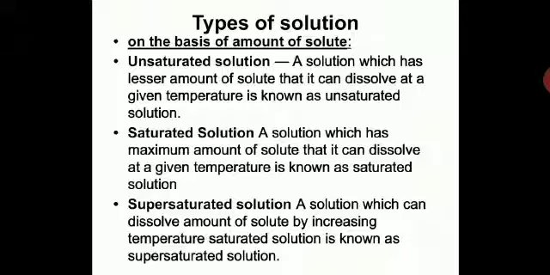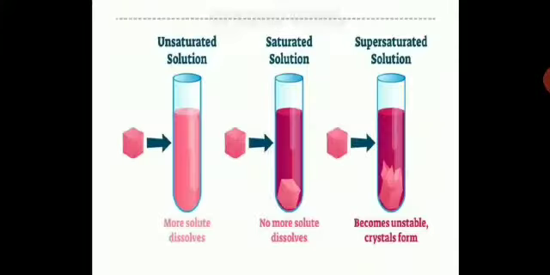You have to take down these definitions of unsaturated, saturated and supersaturated. So here you have a diagram. First, an unsaturated solution. You can see the solute, and when you add more to the test tube, more solute dissolves. Then saturated: you have dissolved it, and you cannot take any more now.